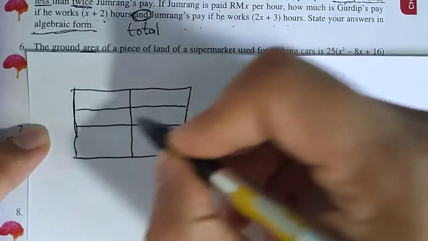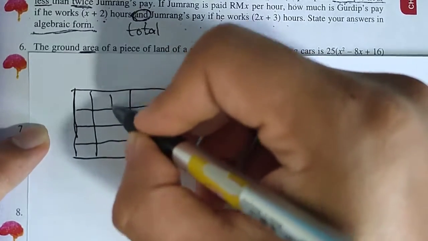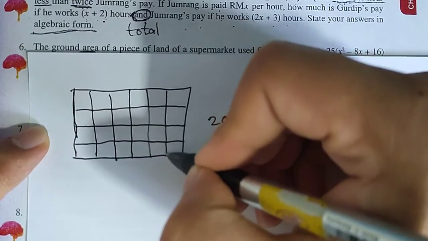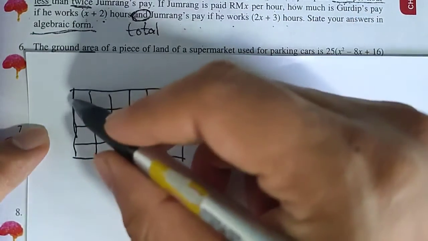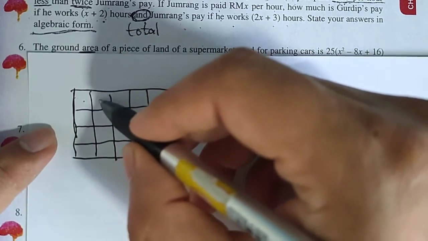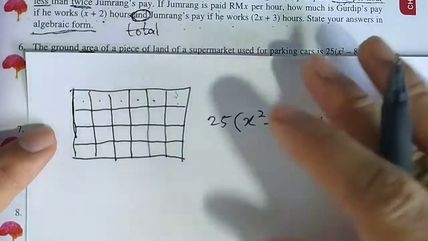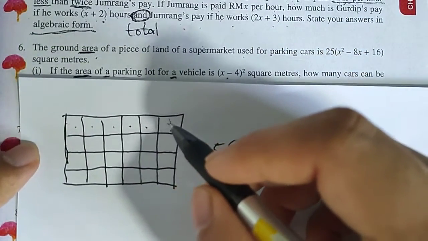So they divide the ground into lots of parking lots. Let's say like this, this box for one parking car. We don't know it yet. Never mind. Keep moving.